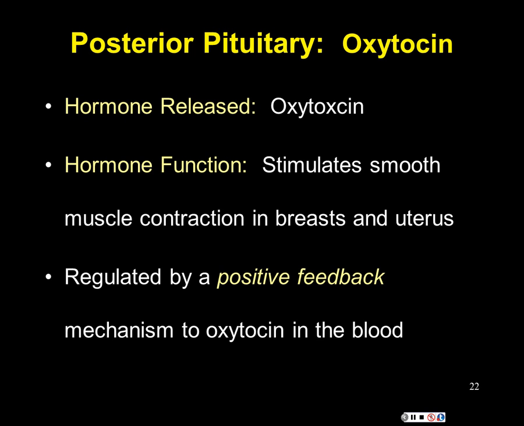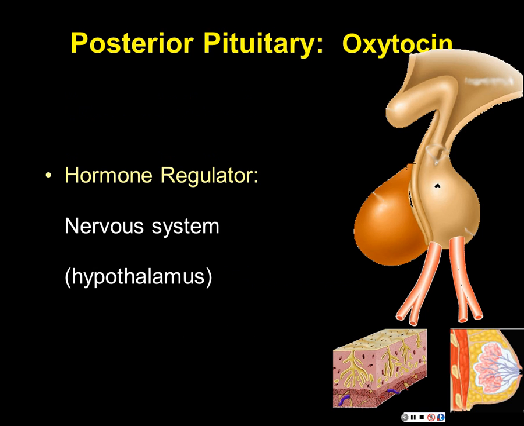And so because it's released by the posterior pituitary, it's clearly regulated by the nervous system. So the regulator is the nervous system and the hypothalamus, because that's where it's made, stored. So the cells of the hypothalamus would have to generate action potentials in order for oxytocin to be released.